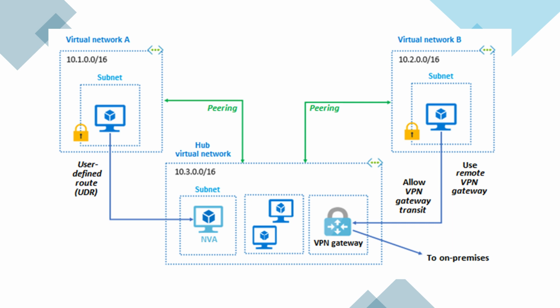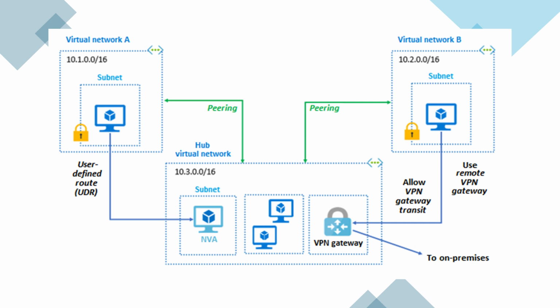On the other side, Virtual Network A is using a user-defined route to direct traffic to the hub. This could be for scenarios where you want traffic to pass through a network virtual appliance, or where you want tighter control and inspection before traffic exits through the VPN gateway.